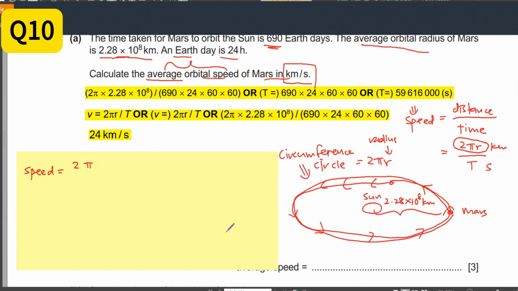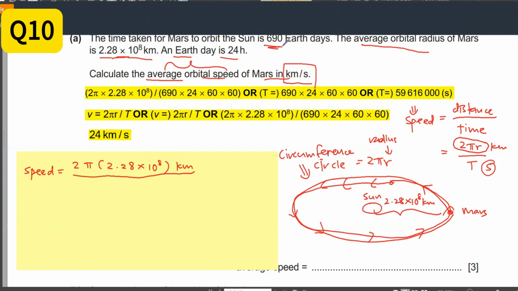That's good, it is already in kilometers, so we can substitute right away. It's already in the unit that we want. So this part will be in kilometers, but the bottom part, we want it to be in seconds.